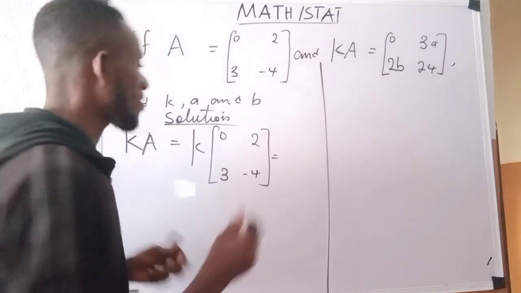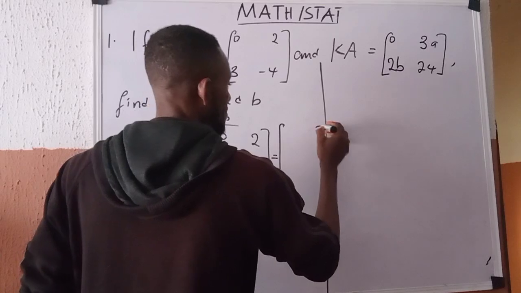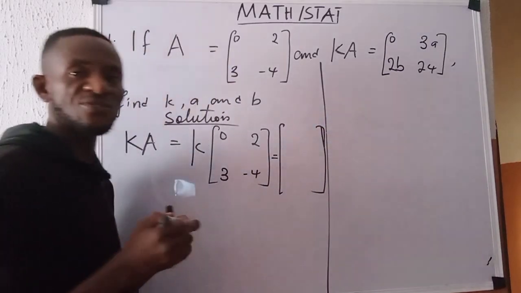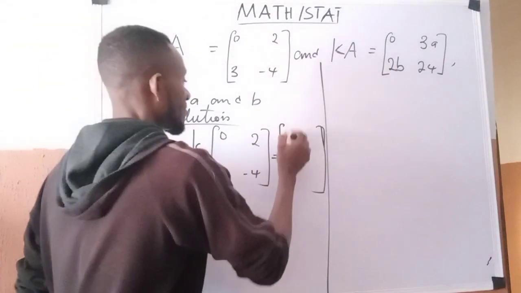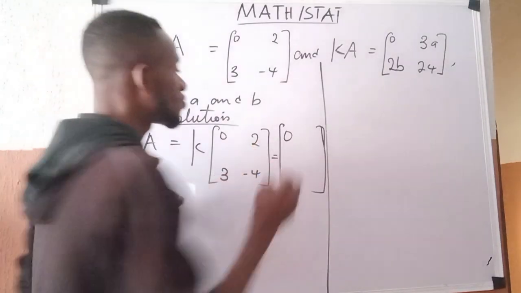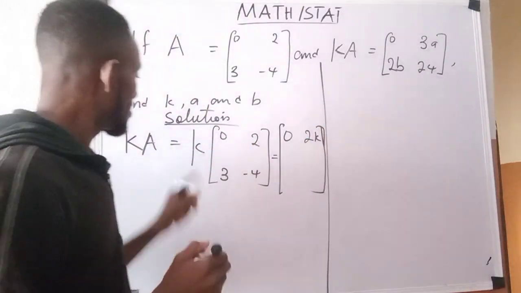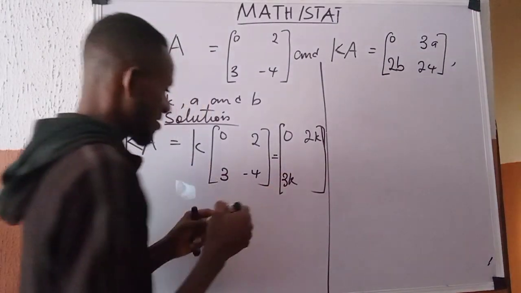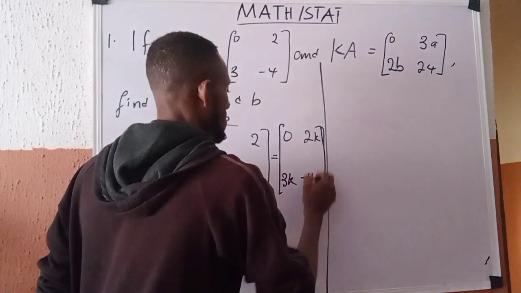By doing so, K times 0 is 0. K times 2 is 2K. K times 3 is 3K. And then K times minus 4 is minus 4K.